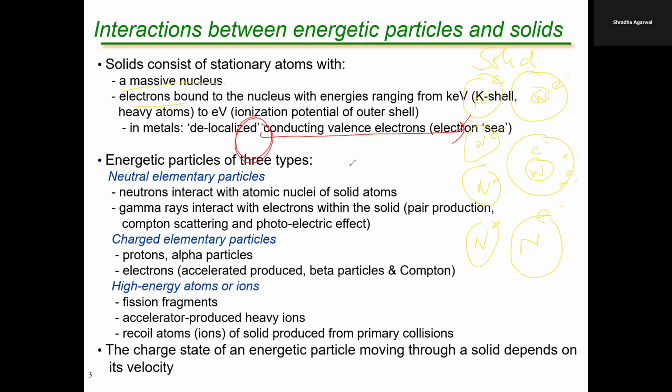One interaction will be with the nucleus, and the other interaction will be with the electron. So these are the two kinds of interactions we will study. Generally it's an atom that comes from your accelerator. It's an energetic atom. Generally, it doesn't have its own electrons. It is stripped.